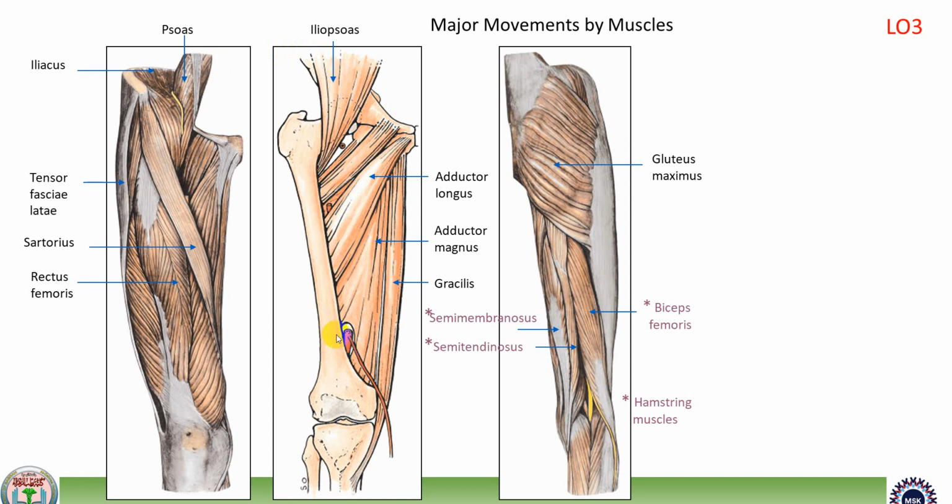The adductor muscles are mainly adductor longus, adductor brevis, adductor magnus, gracilis muscle, and pectineus muscle. These muscles are responsible for adduction, and the muscles responsible for extension are mainly the gluteus maximus muscle, in addition to the hamstring muscles, which are also involved in extension. The hamstring muscles consist of biceps femoris, semimembranosus and semitendinosus.